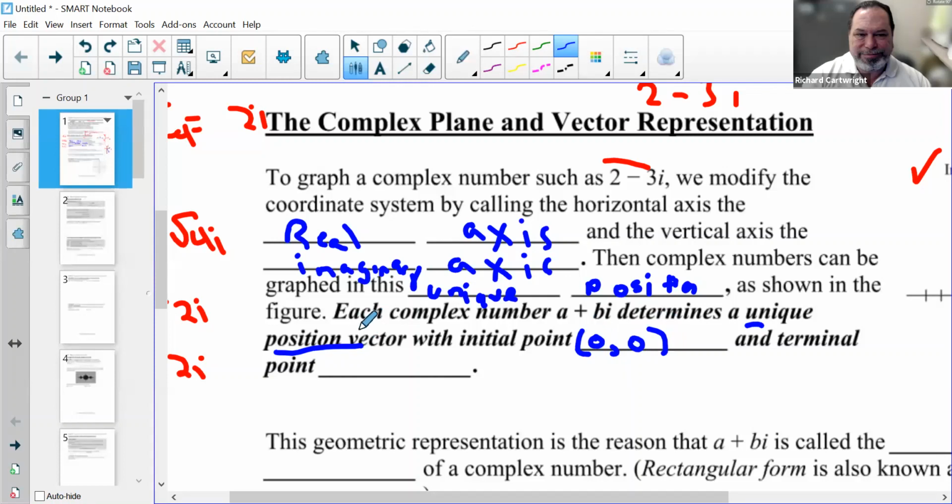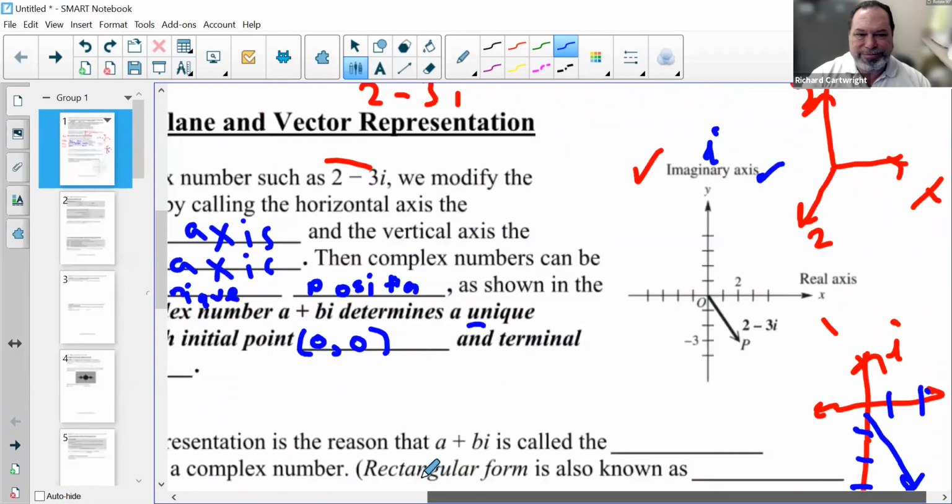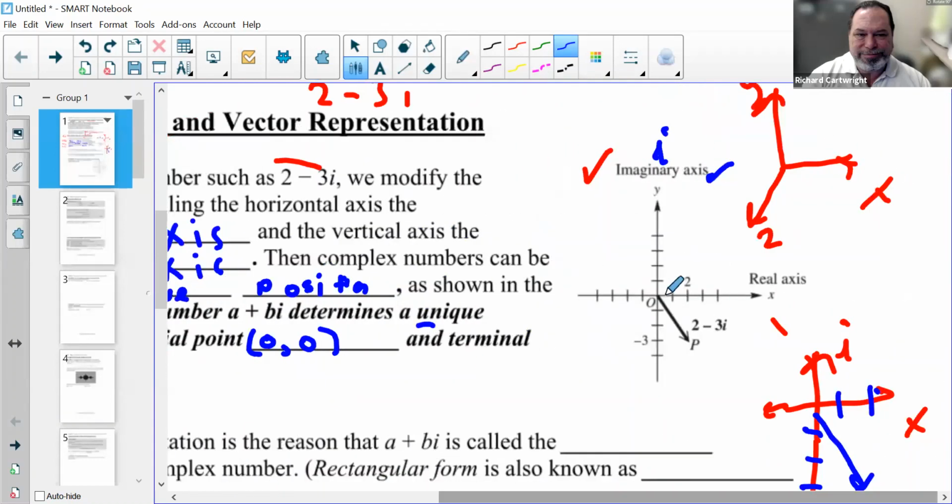Well, in this picture, let me scroll over. See, in this picture, my terminal point was here. I can draw that. That would be an a, some a, it's a real number. Why did my color change on me? I don't know why.